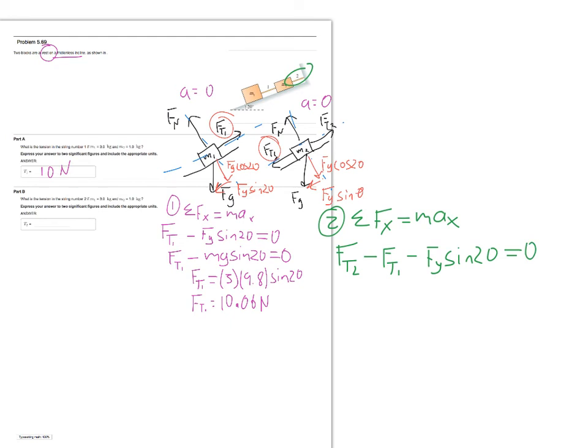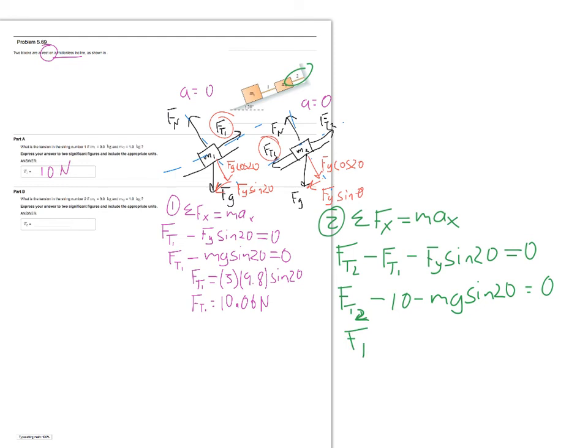And so I end up getting Ft2 minus 10, which was Ft1. Remember, these two are equal because it's a third law pair. And that's going to be minus mg sine of 20 for block 2, and that's equal to 0.